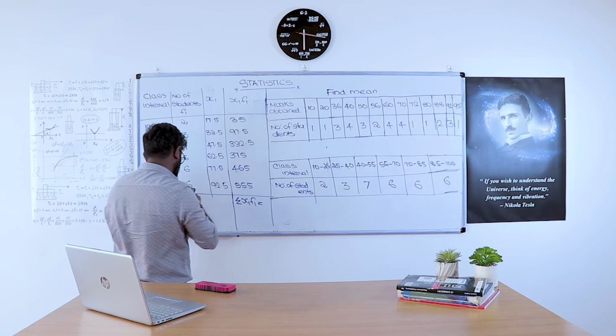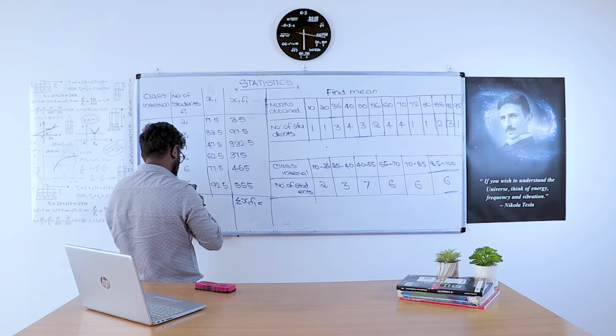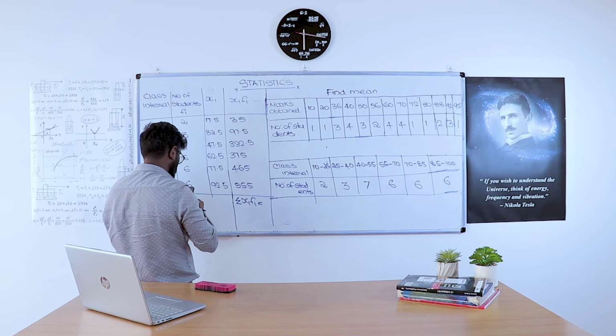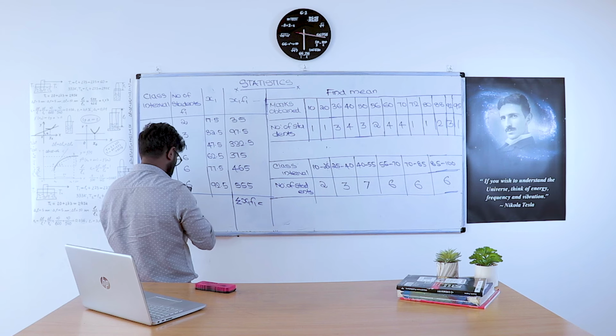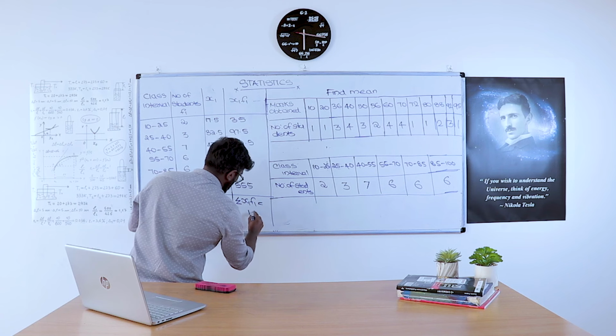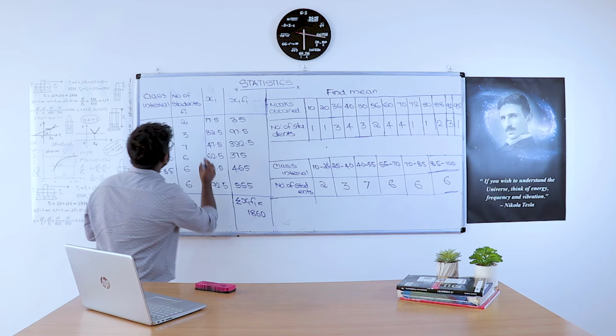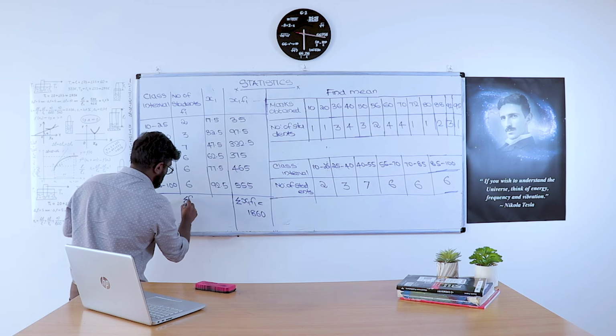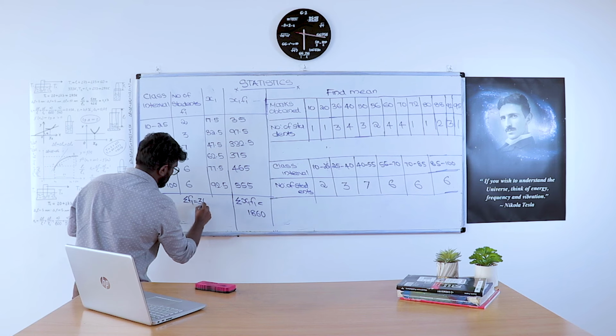You have to add all these values. That is 555 plus 465 plus 375 plus 332.5 plus 97.5 plus 35, which is equal to 1860. Then you have to find the value of summation fi, which you already know is 30.